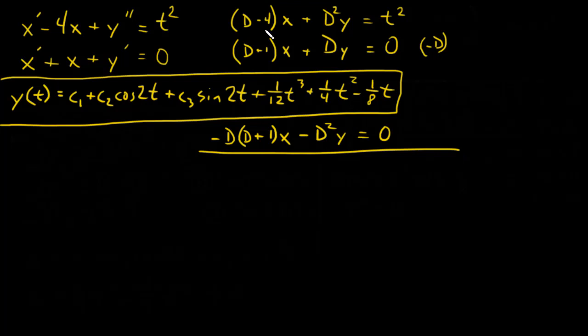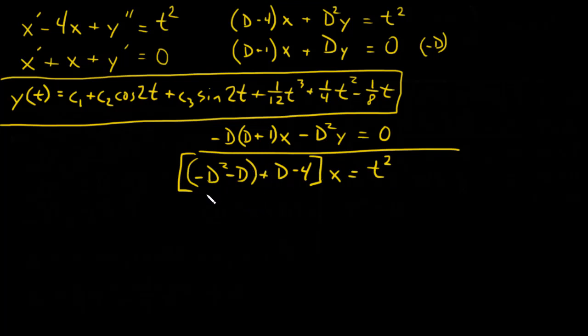So I'm adding the top one to this one, right? So if I do that, I'm going to get -D squared minus D, and then plus (D minus 4) x equals t squared.